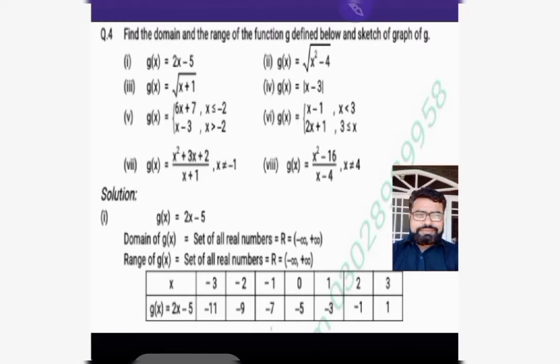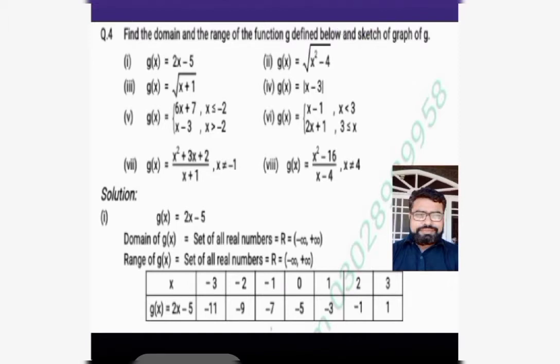If you have to draw the graph, you just need 2 points for the linear function. But as I am going to tell about the domain and range, I have put some values in a table.